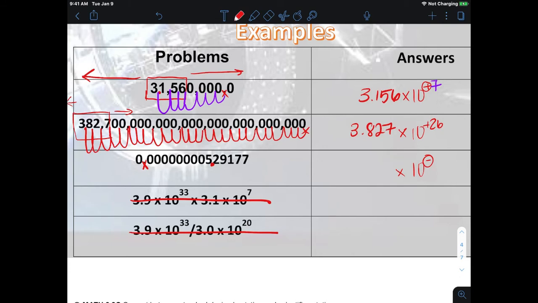If I put it anywhere else, I won't get a number that fits that. So I'm going to copy just this part, getting rid of any zeros before or after, but if they were in the middle, I would keep them. This now becomes my coefficient. Now I need to count how many spaces. 1, 2, 3, 4, 5, 6, 7, 8, 9. 5.29177 times 10 to the power of negative 9. Okay.